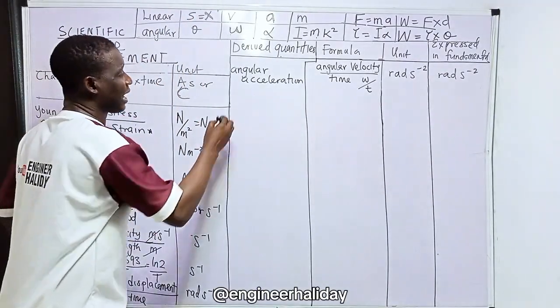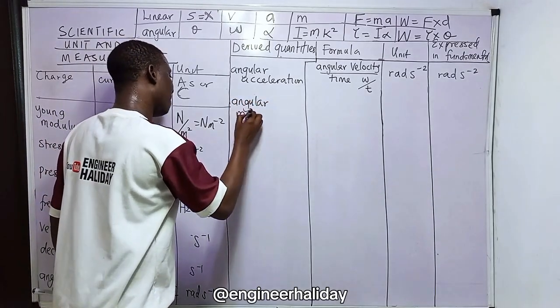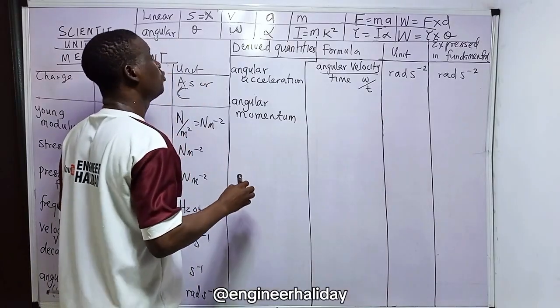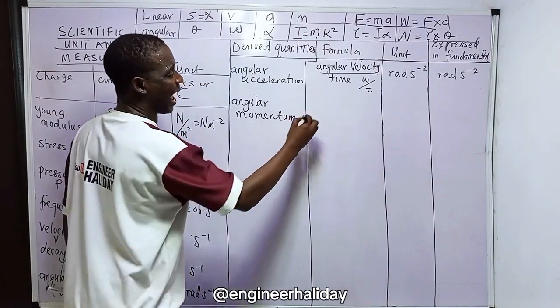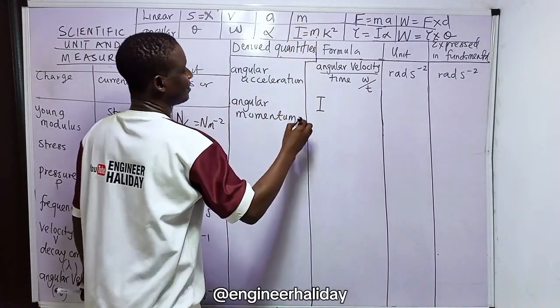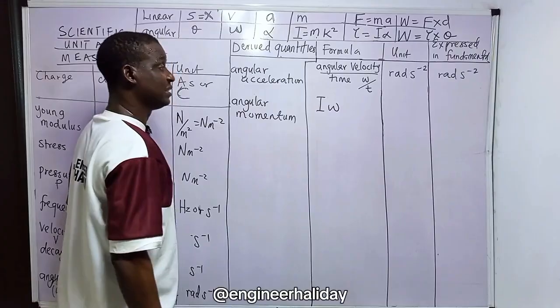So now when we talk about angular momentum, it means we are talking about angular motion, where linear momentum is mass times velocity. So angular momentum will be I, which is equivalent to mass, times the velocity, which is omega.